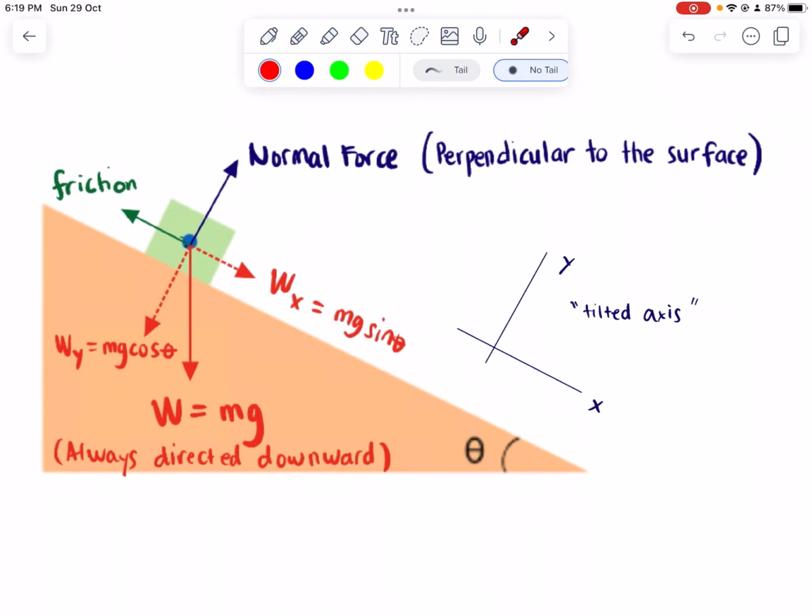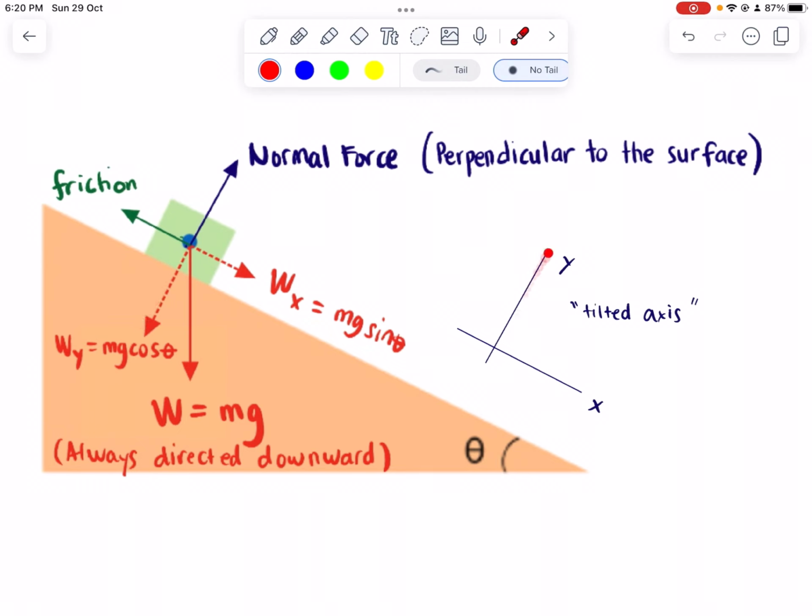In solving problems related to inclined planes, it is very important that we tilt our axis like this so that the motion of the object will be along the x-axis. Then it would be easy to analyze the motion of the object.